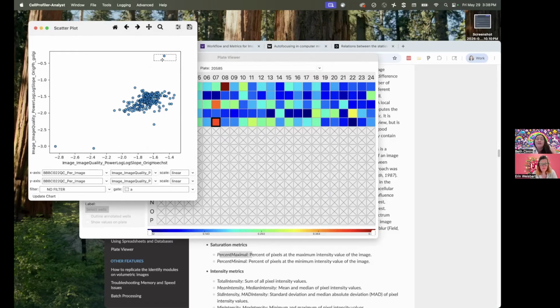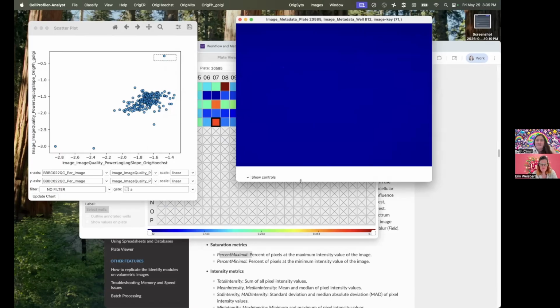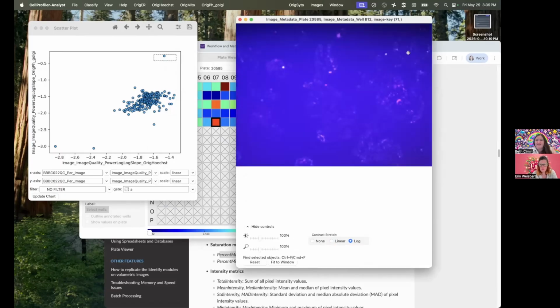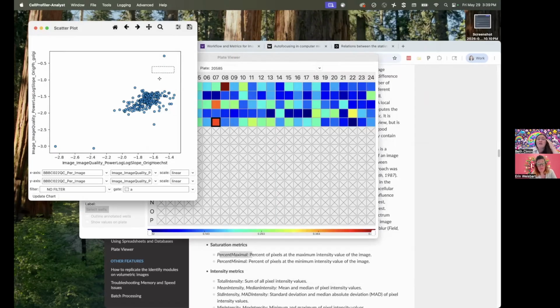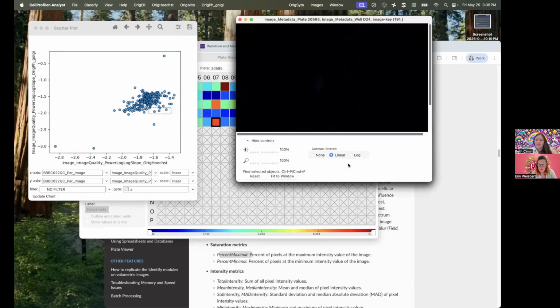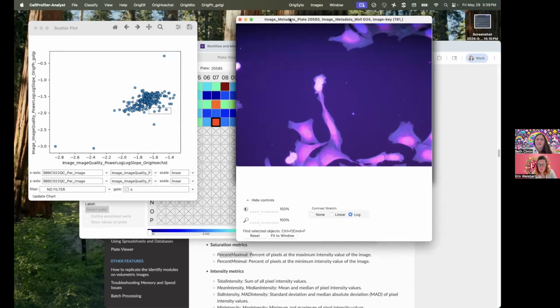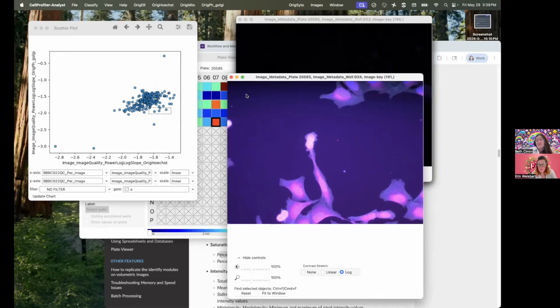We can look at some of the outliers here and say, yep, this image sure looks terrible. It's basically empty, so clearly this is a bad image. But some of these might just be perfectly analyzable, but a little bit empty.